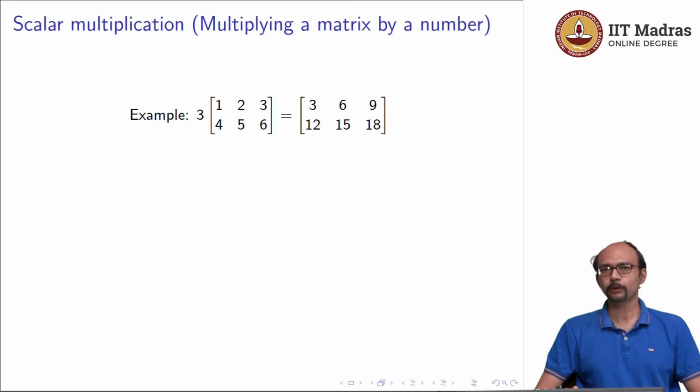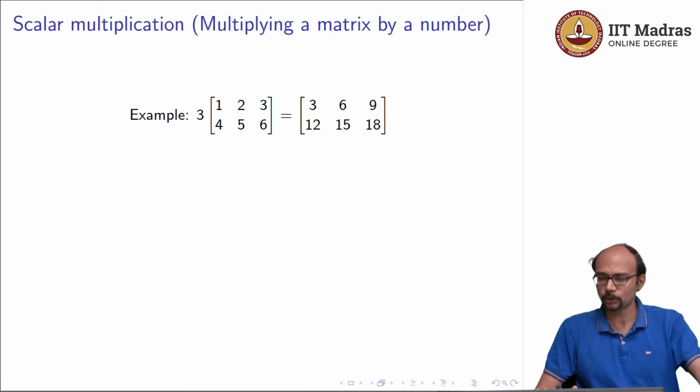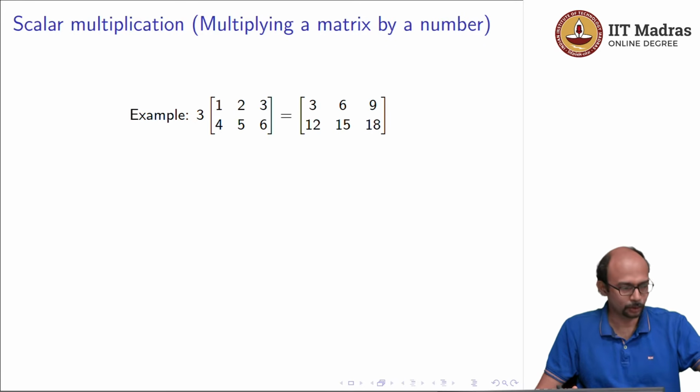The next thing we want to look at is scalar multiplication. How do we multiply a matrix by a number? To multiply a matrix by a number, we multiply each entry of that matrix by that number. Here we have 3 times the matrix 1, 2, 3 in the first row, 4, 5, 6 in the second row.